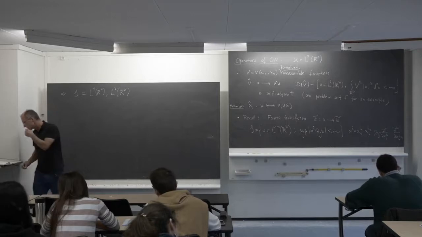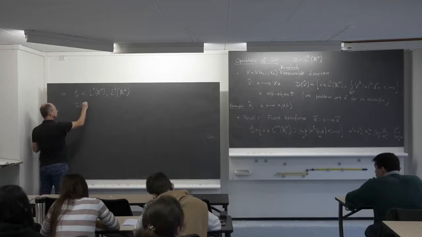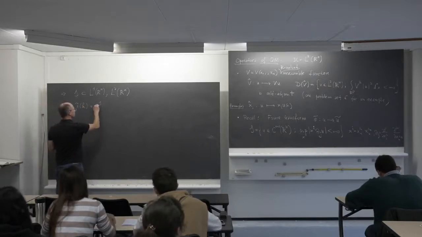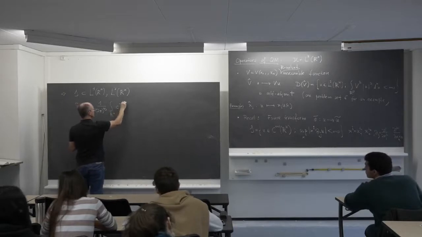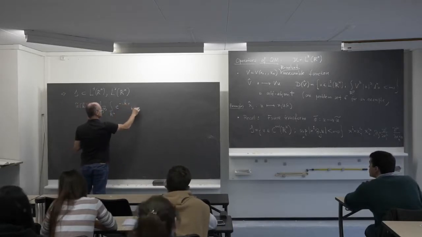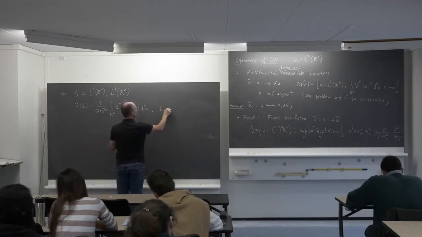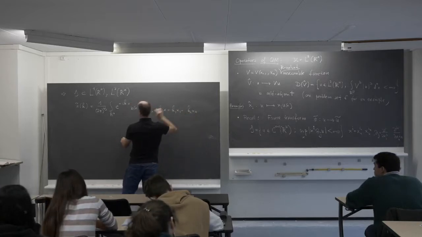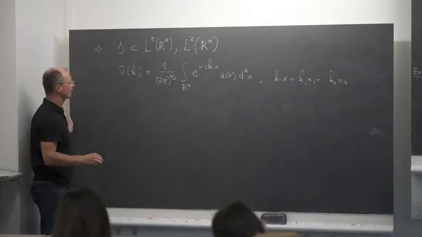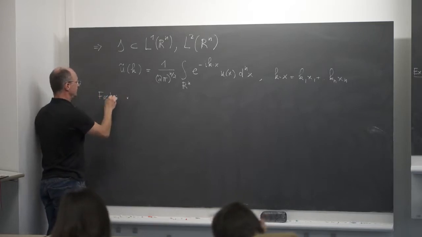So now we introduce the Fourier transform by the standard formula: integral over Rn, and here kx is simply the standard scalar product. So the facts are as follows.